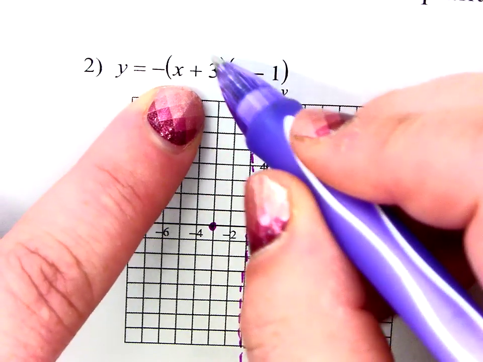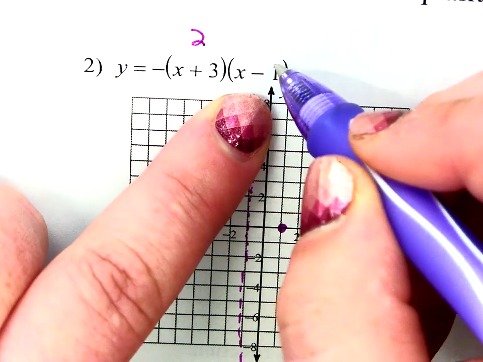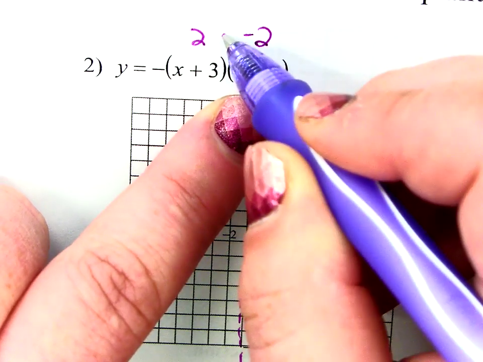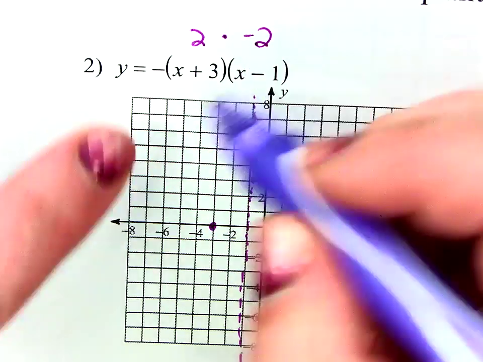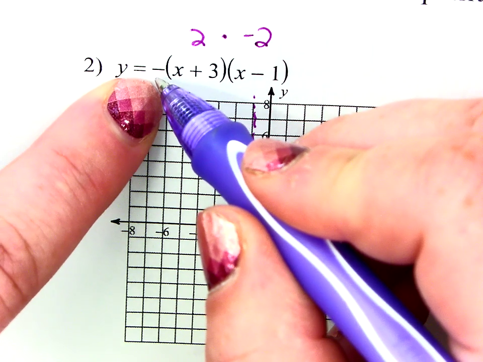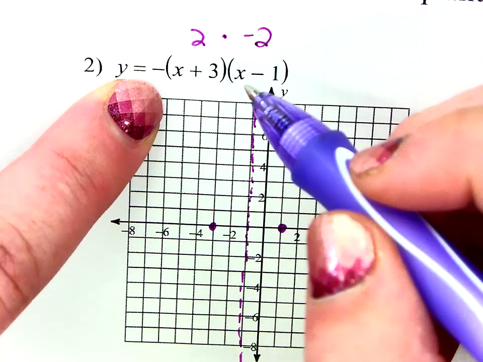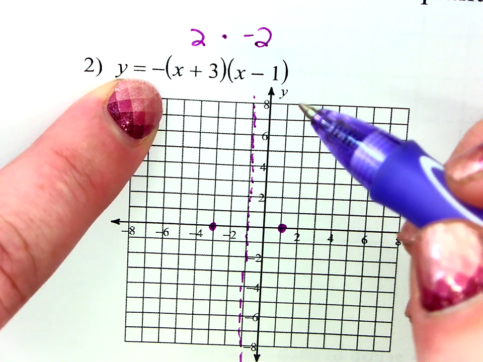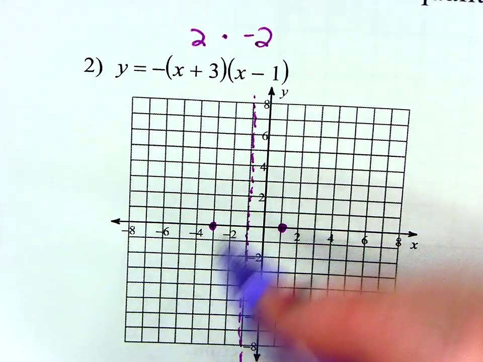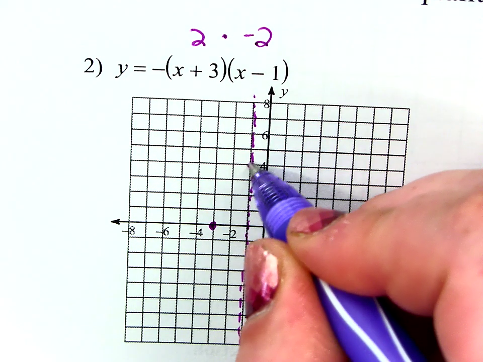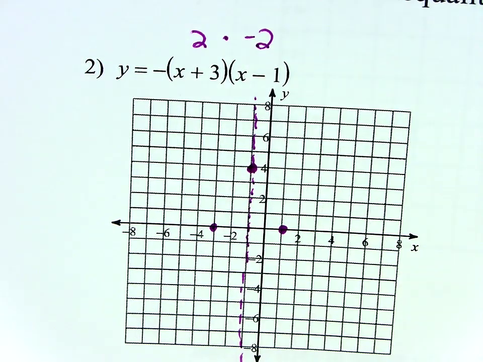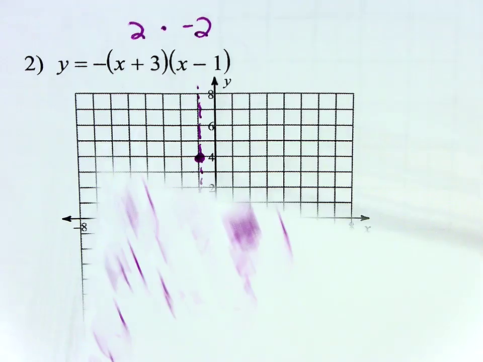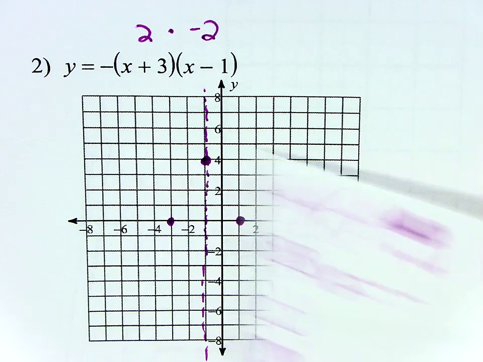Negative 1 plus 3 is 2. Negative 1 minus 1 is negative 2. Multiplying those together gets me negative 4, but don't forget the negative out in front, so that gets me positive 4 in the end. So negative 1, positive 4. There's my vertex.